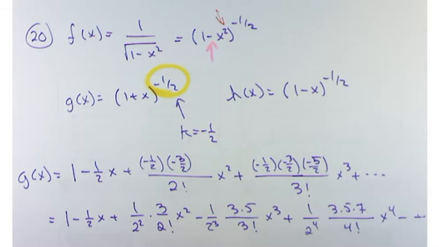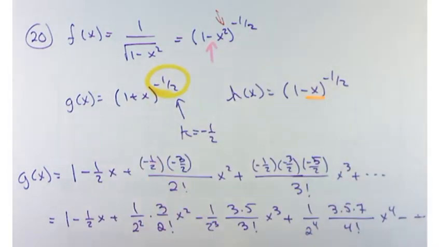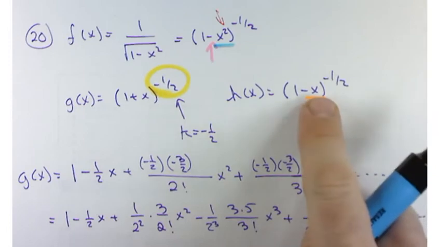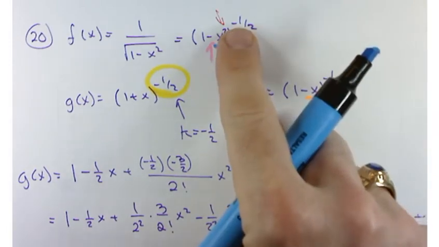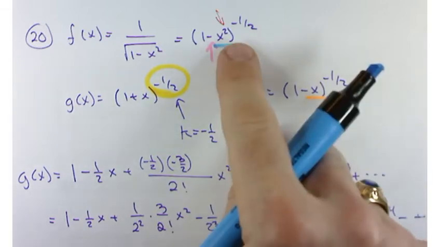What's the difference between h of x and f of x? So I got an x here and I got an x squared here. So to get from here to here, all I have to do is take h of x and substitute in an x squared.